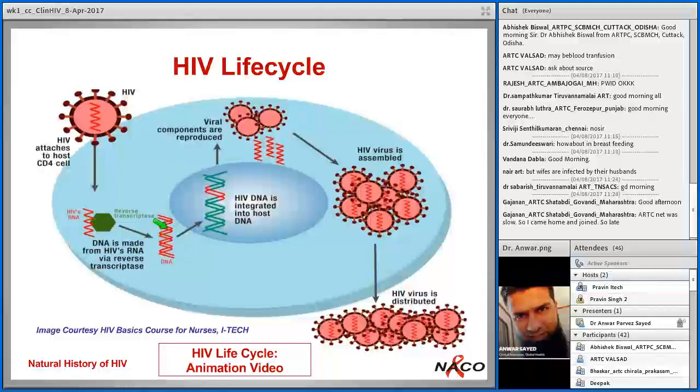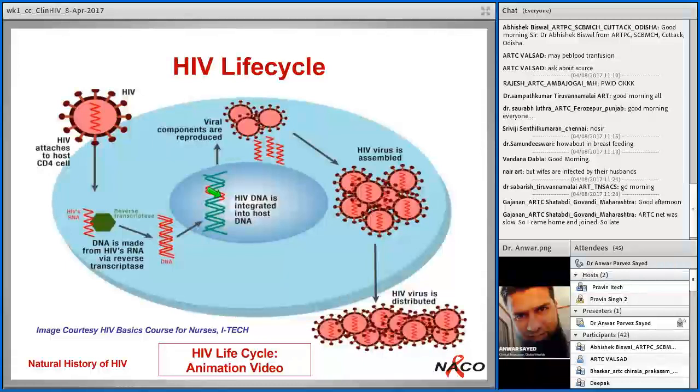So when reverse transcriptase acts, a double-stranded proviral DNA is formed, which is transferred into the nucleus of the cell and integrated into the human DNA. This is human DNA, this is viral RNA, and this is proviral DNA, again having the genetic information of the HIV virus.